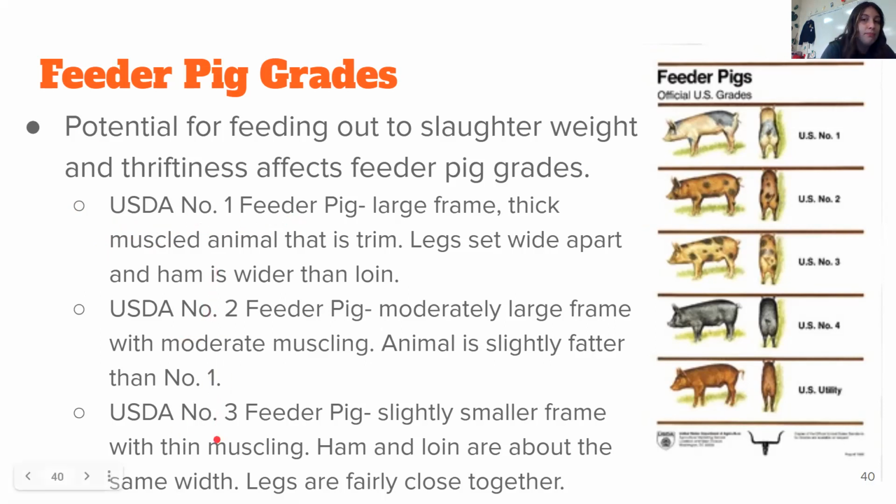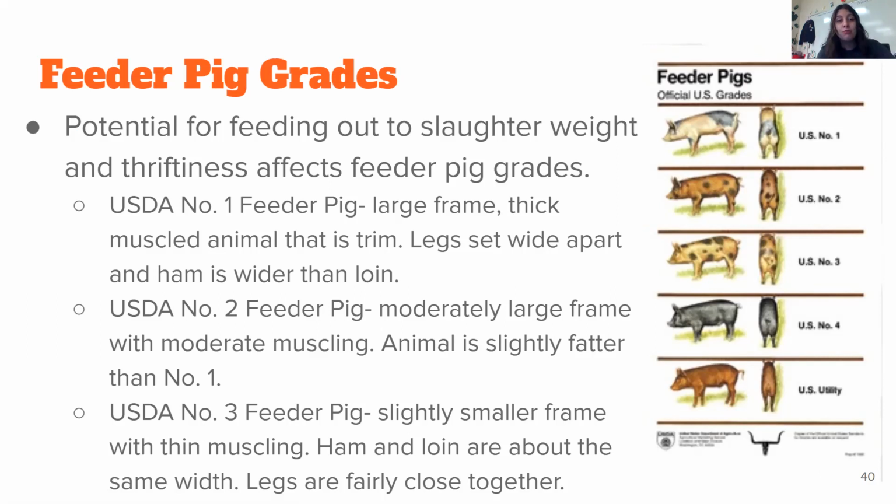With this grading scale for feeder pigs, we're considering a couple of things when we're trying to figure out if it's a number 1 or a number 3, when we're trying to figure out what their grade is. So we look at their frame size, which is just how big the animal is.